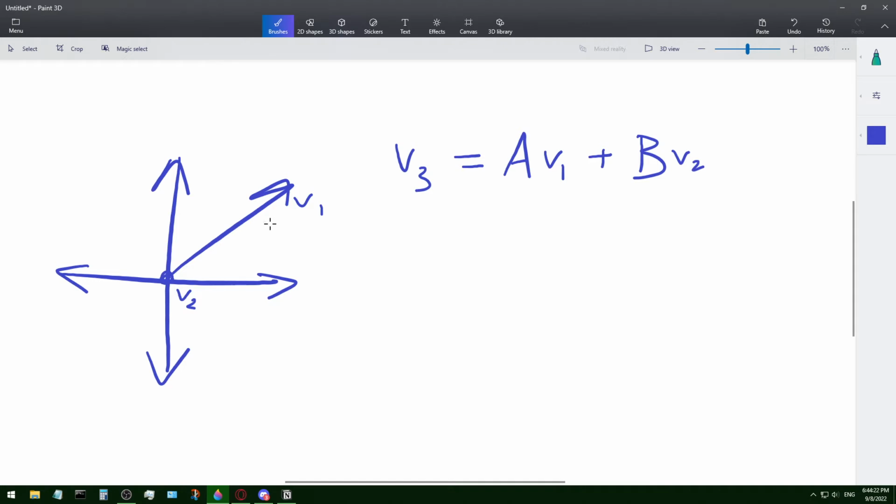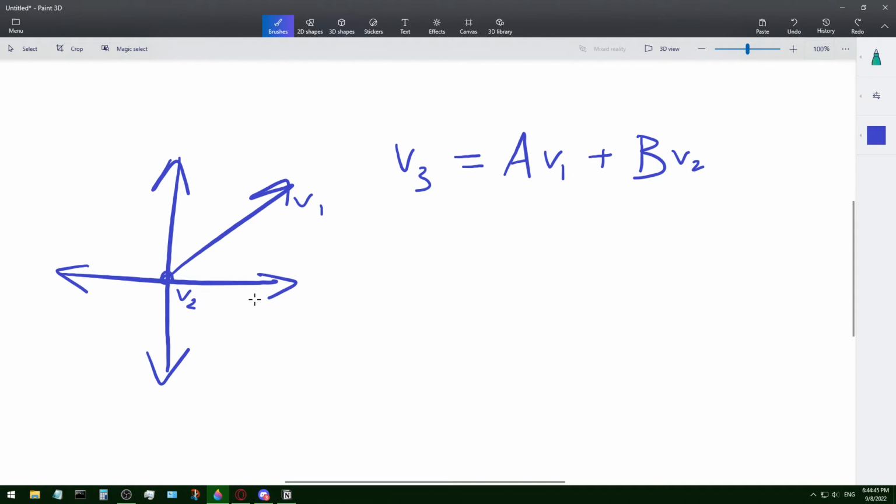So the answer is, well, let's try. If we make V1 bigger, we can go like that, so we can go anywhere along there. And if we go the opposite direction, we can go anywhere there. So it's only on this line that it will actually work. And V2, we can't really do anything with because it's the 0 vector.